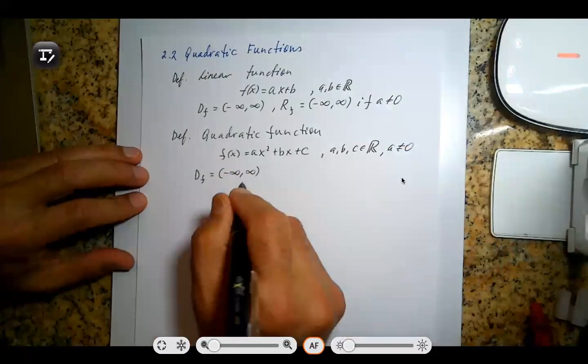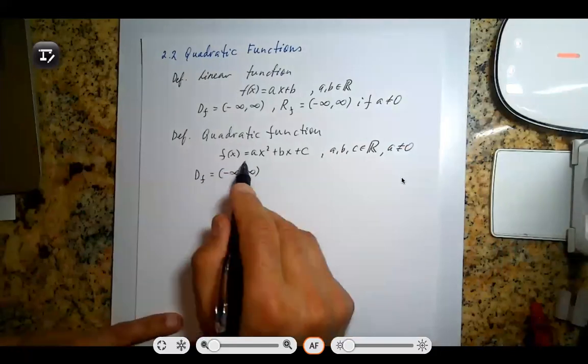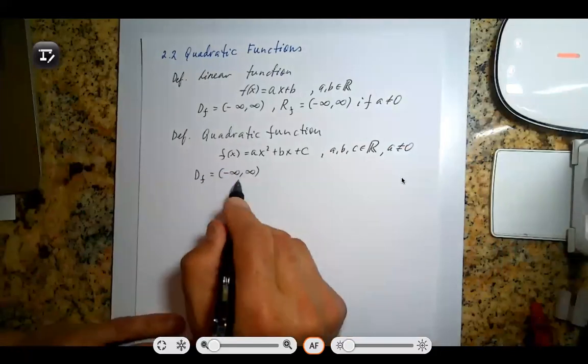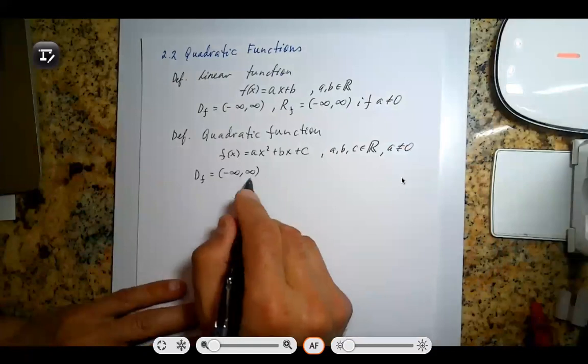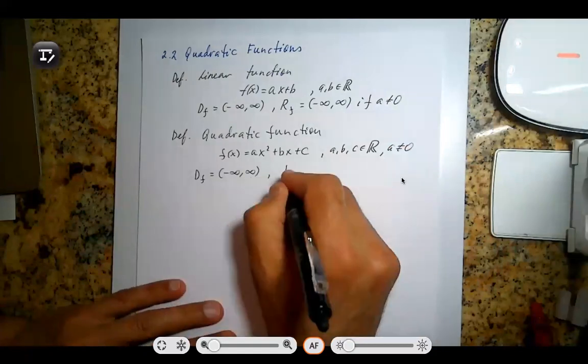By the way, it is a general fact. Any polynomial function has entire domain of real numbers. About the range.